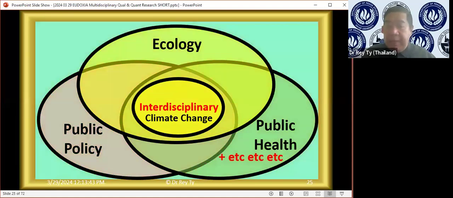And you need public health. If there is a change in temperature, in the amount of pollutants in the air, then that will affect human health. So you need public health, which is applied biology and chemistry in the social field. And you need public policy to make laws. So this is combining different fields together so that you have a proper approach to climate change.